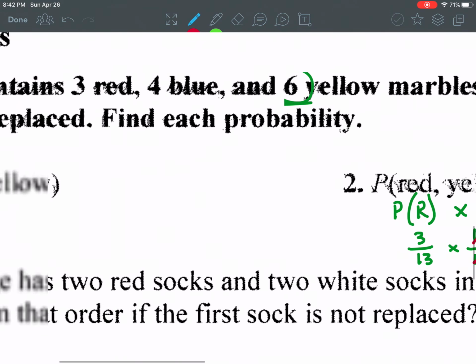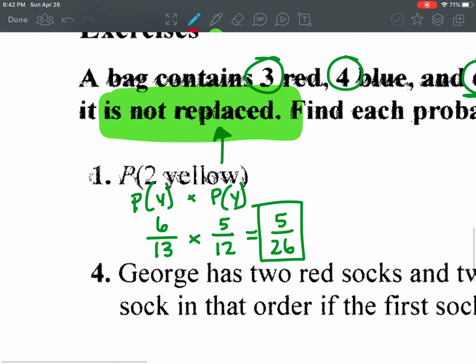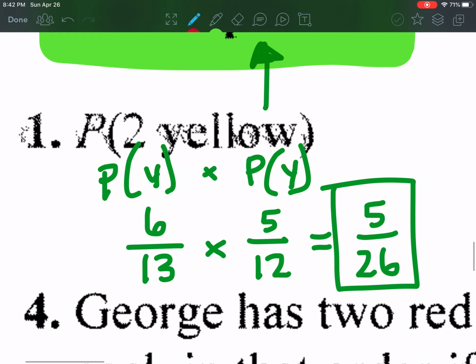That last example, guys, remember we talked about cross-canceling. If you look at the diagonals, so 6 and 12, it's just like simplifying a fraction. 6 goes into both of them. So 6 divided by 6, 12 divided by 6, and then we can multiply straight across. 1 times 5 is 5, and 13 times 2 is 26. It works out, okay?